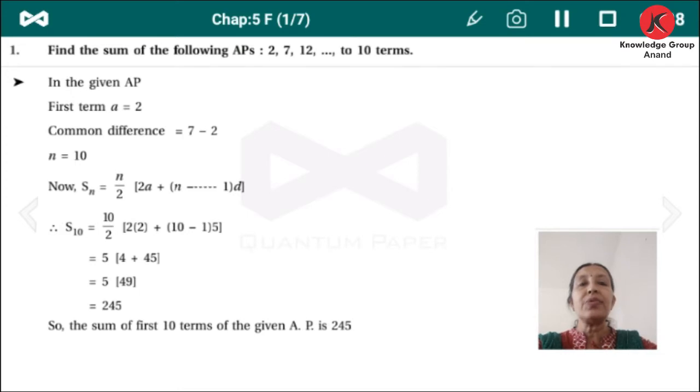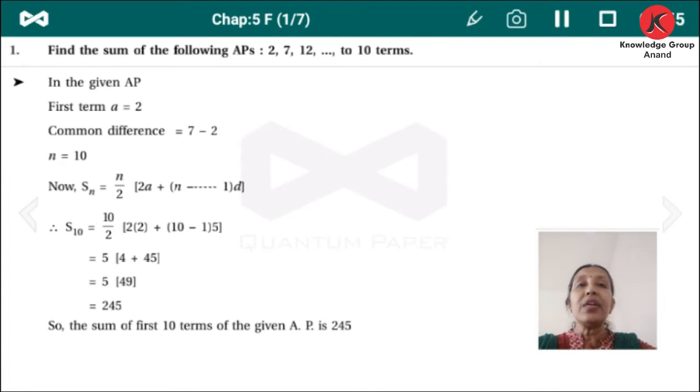Difference is equal to 7 minus 2, which is equal to 5, and the number of terms n is equal to 10. Find the sum. What is the formula of the sum? Sn is equal to n by 2 into (2a plus (n minus 1) into d).